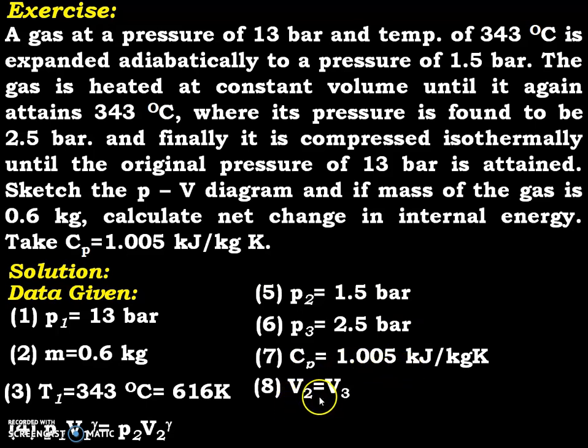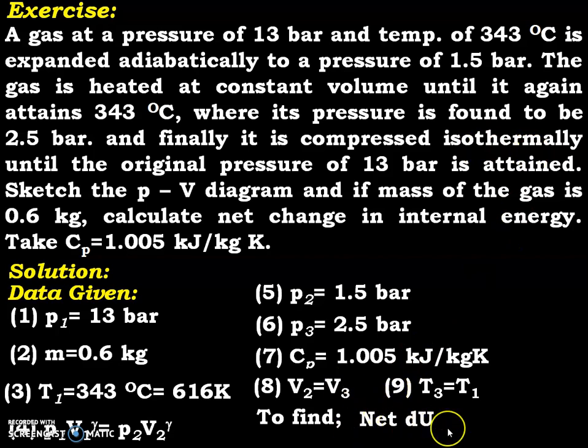Second process is V2 equals V3, that is a constant volume process. And T3 equals T1, which means the third process is an isothermal process. And what we have to calculate? Net delta U, the net change in internal energy.